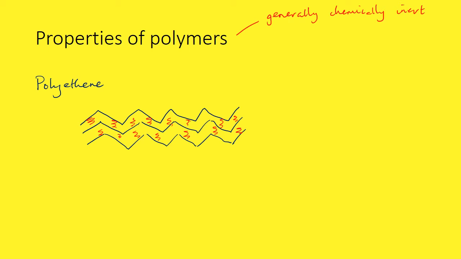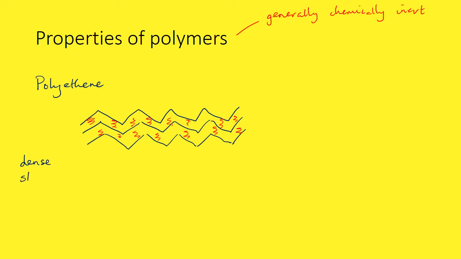But in the case of polyethylene, because the chains can get so close to each other, they're bonded reasonably strongly to each other, right? So the result of that is that they're quite dense, and quite strong by plastics standard.